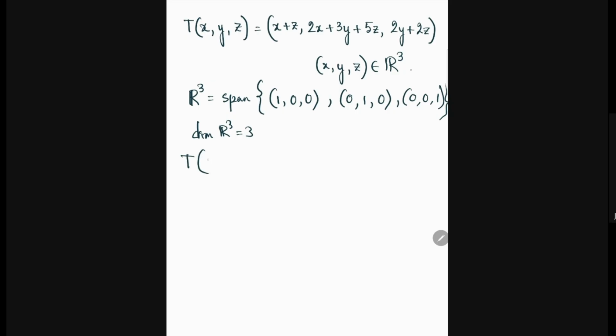So we will see what is the image of T for these basis vectors.